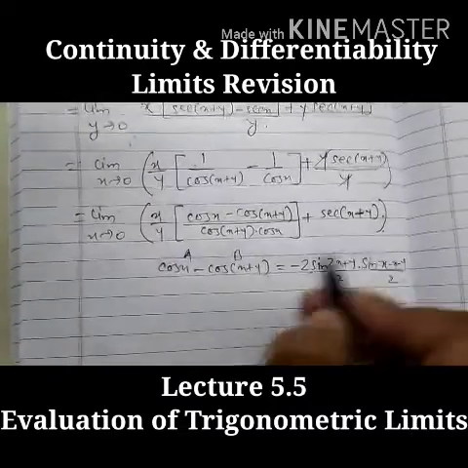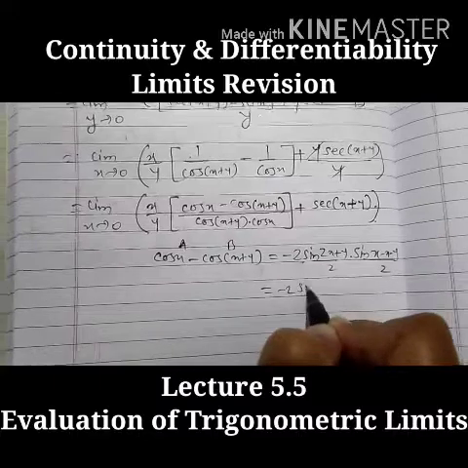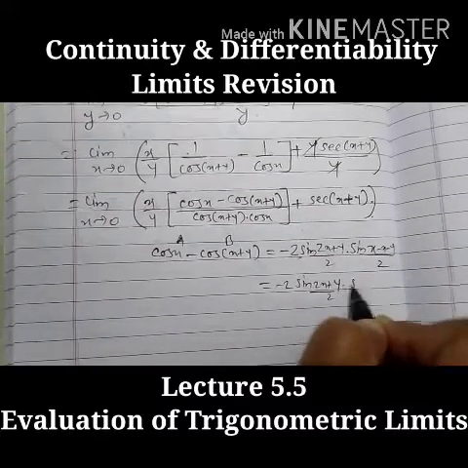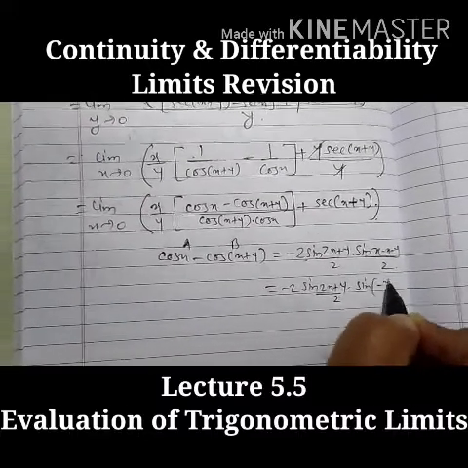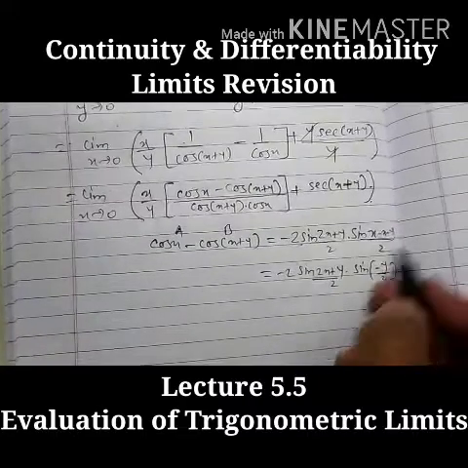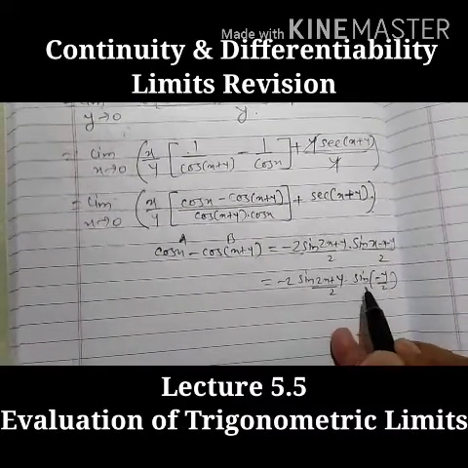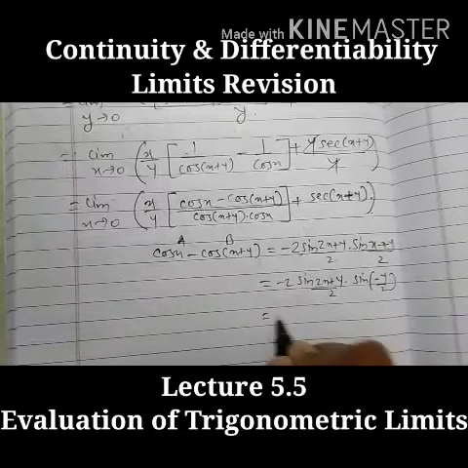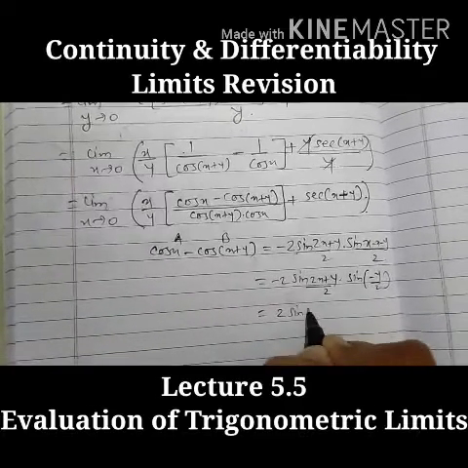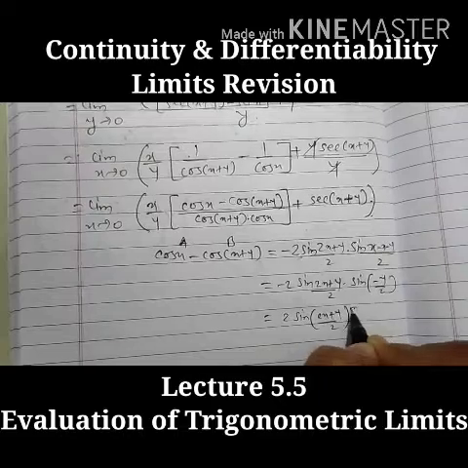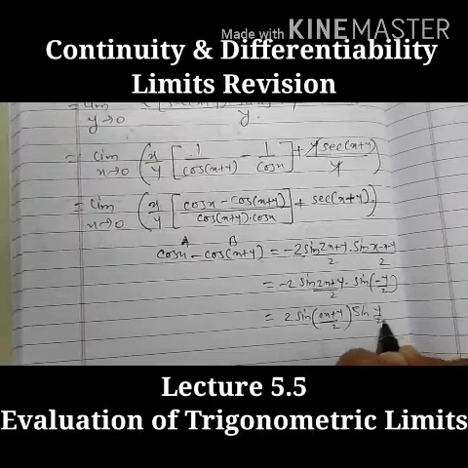So it will be minus 2 sine of (2x plus y) upon 2 into sine of minus y upon 2, because x minus x is 0. So we can observe the minus sign in sine of minus y by 2, and it becomes 2 sine of (2x plus y) upon 2 into sine of y upon 2.